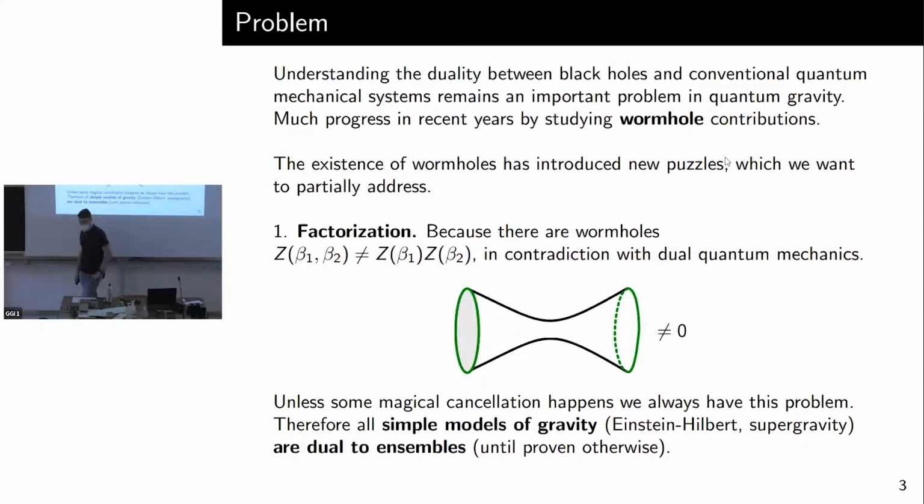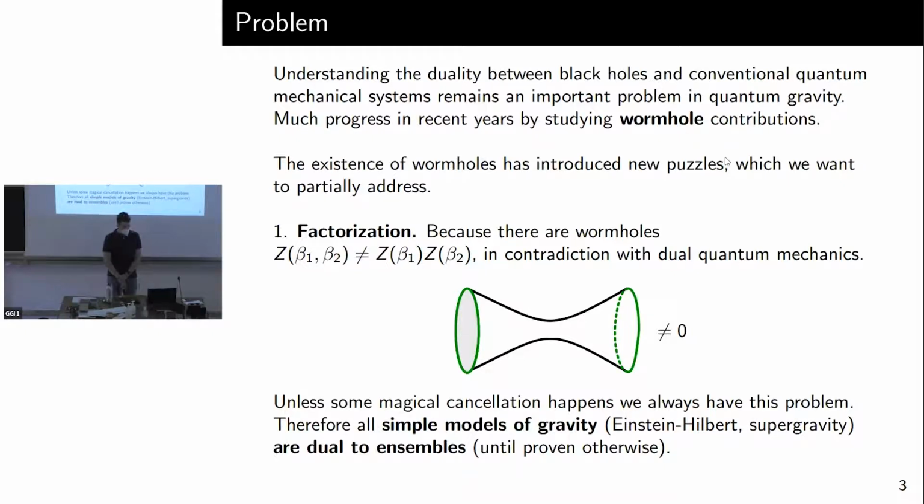Okay, so for a little introduction. As you all know, the topic of this conference, understanding the duality between black holes and quantum systems, is a huge open problem in quantum gravity, of which we understand several things.